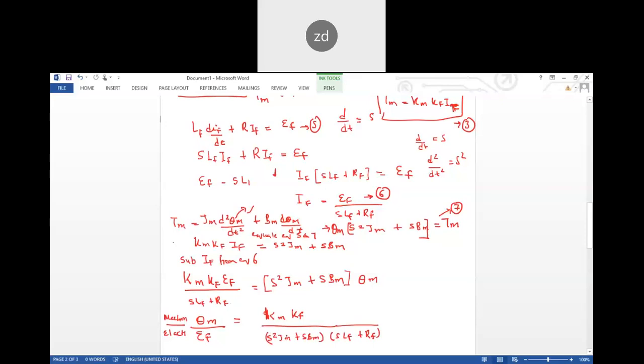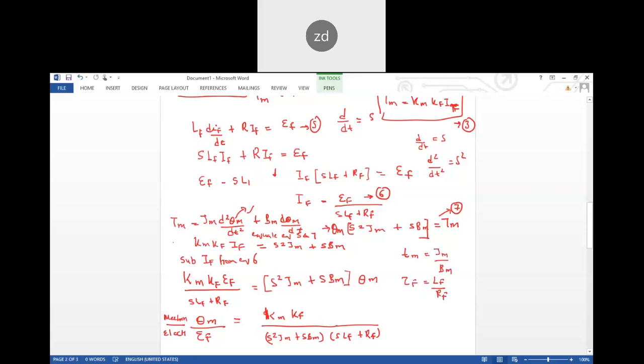What I will do is make one of the terms equal to 1. You are seeing the Jm s square term is there. In order to make this term equal to 1, I take a time constant, in the time constant form I get a value of Tm, written in terms of Jm and Bm, and I also substitute one more value, Tf is equal to Lf by Rf.